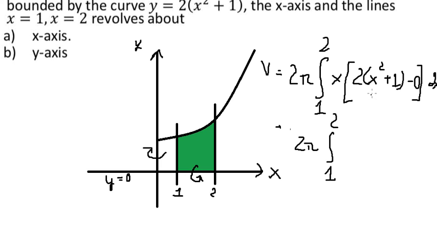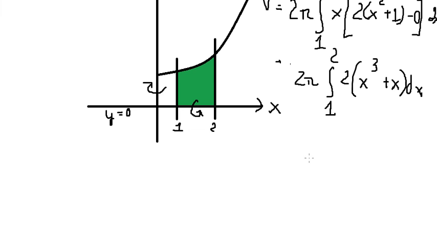So x will multiply by x squared and number 1, and you get x to the power of 3 plus x dx. So number 2 we put outside, and you get 4 pi, and we have the integration from number 1 to number 2.